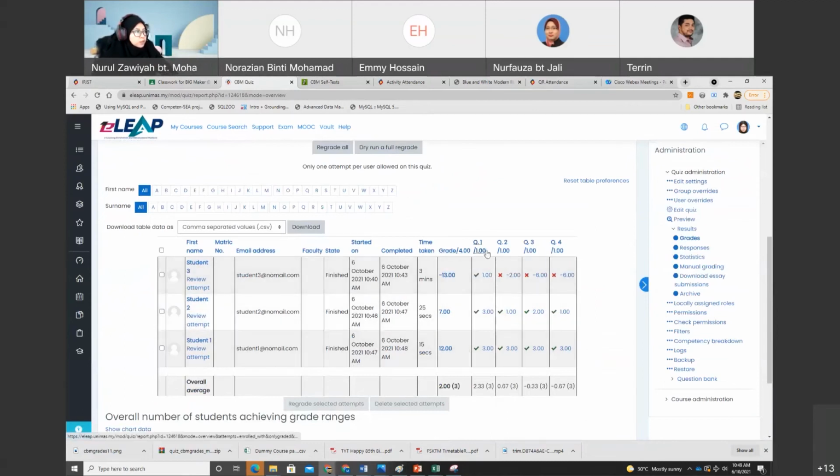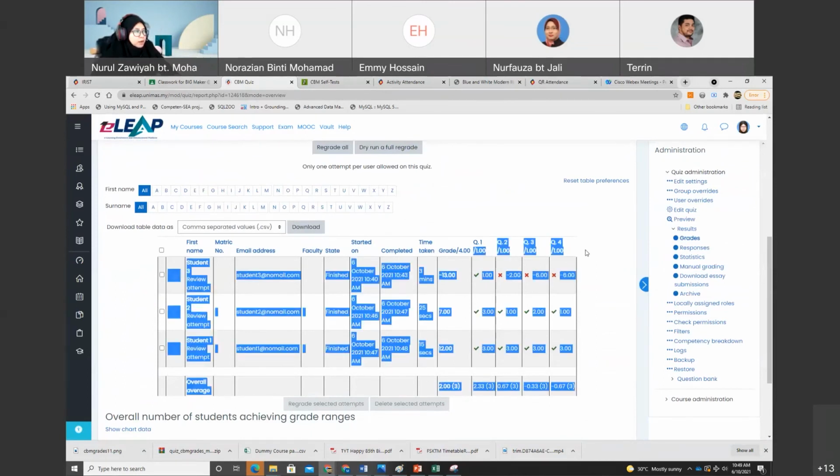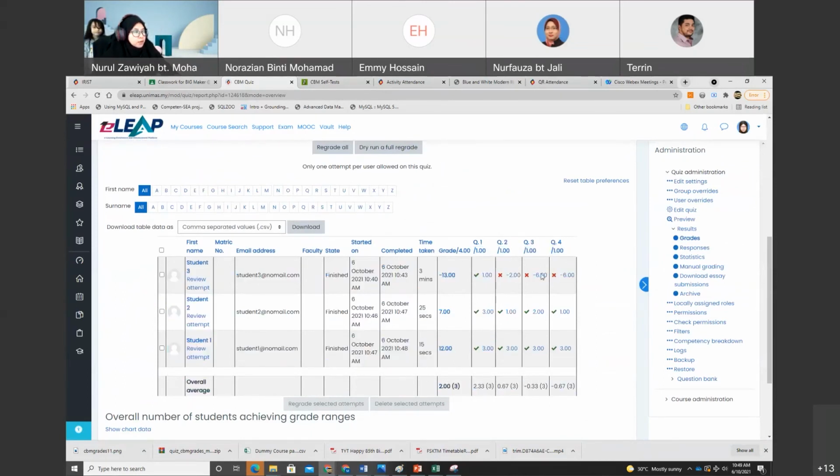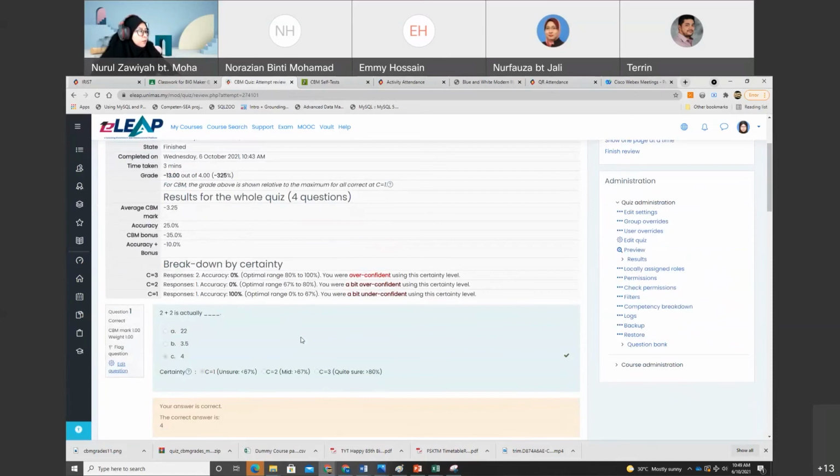So although the weightage for each question is 1, the marks here might not show the same thing. So you can review each attempt, same view as the student's view. You can see which part the students are overconfident but wrong.